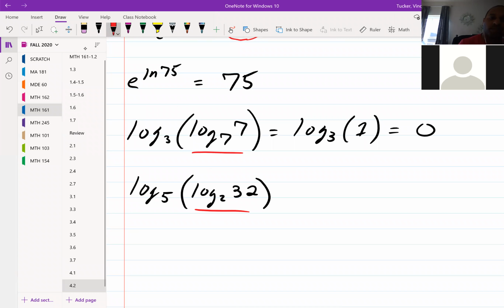All right, so in this next one, we're looking at log base 2 of 32. Notice we're not really trying to pull out a calculator. We're trying to see if we can do it without a calculator. And so when I look at 32, if I want to look at it in terms of 2, because I have this base 2 here, that's 2 to the 5th power.